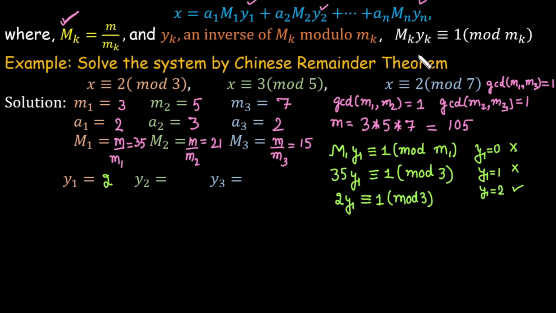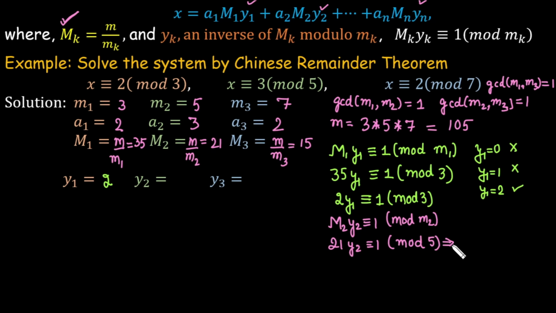Similarly, calculate the value of y2 with the help of this equation. Capital M2 is 21. y2 is congruent to 1 mod small m2, that is 5. Think, can we further simplify this equation? Yes. 21 when divided by 5, the remainder is 1.